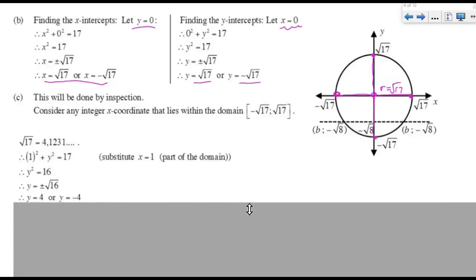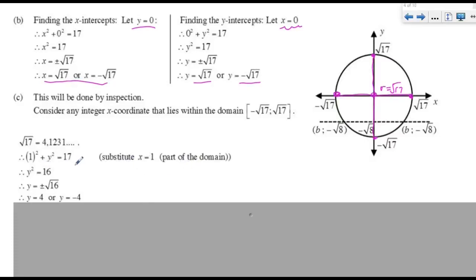Now they want us to find the two possible integer values for which the situation will give us a point that lies on the circumference of the circle. So the square root of 17 is equal to 4.1231. So let us substitute x equals 1, which is part of the domain.